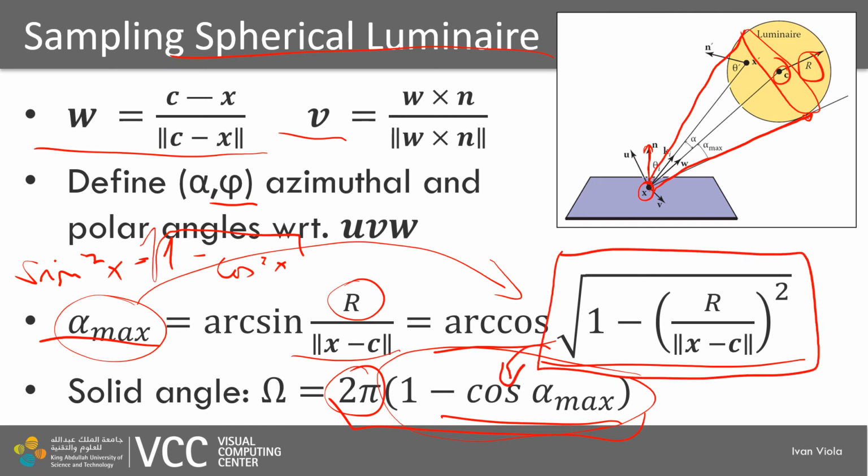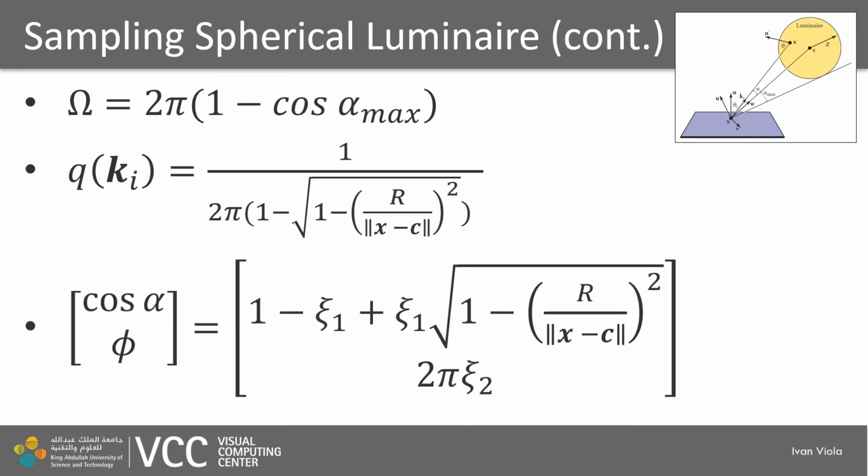So this way we will have the solid angle, and this solid angle we simply have to uniformly sample. Therefore, our probability density function will be just the reciprocal of our solid angle, which is expressed here.